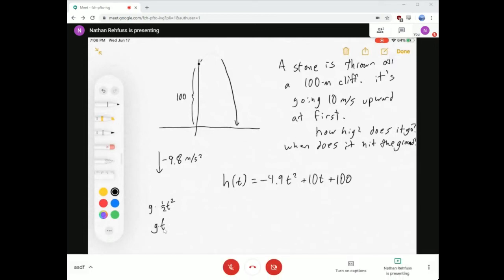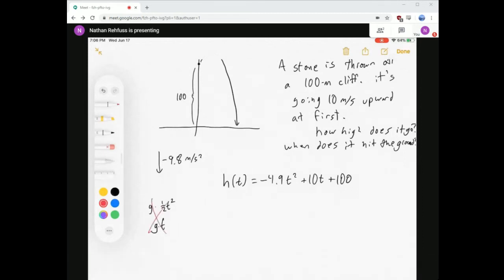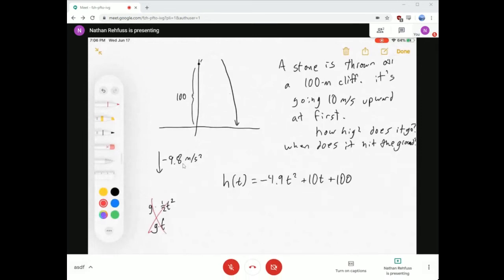So gravity times time is how fast you're falling. After 3 seconds, it's 10 times 3, which is 30 meters per second. t is the rate of change of 1/2 t squared. So that's a calculus fact. We'll ignore that, but that's where the 1/2 actually comes from. So it's negative 4.9 t squared instead of 9.8.